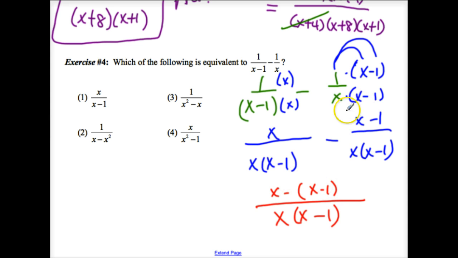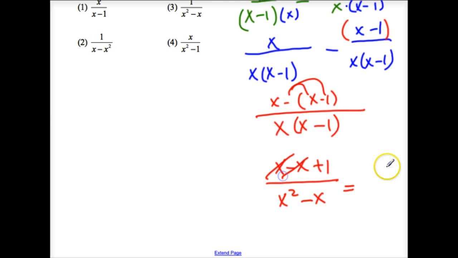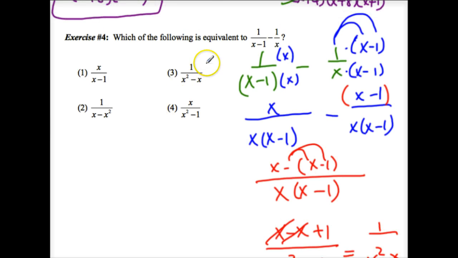Remember, this has to be in parentheses so we can distribute the negative sign, which gives me x minus x plus 1 over, you can write this as x squared minus x, it doesn't really matter. X minus x cancel, and I'm left with 1 over x squared minus x. And this looks to me like choice 3.